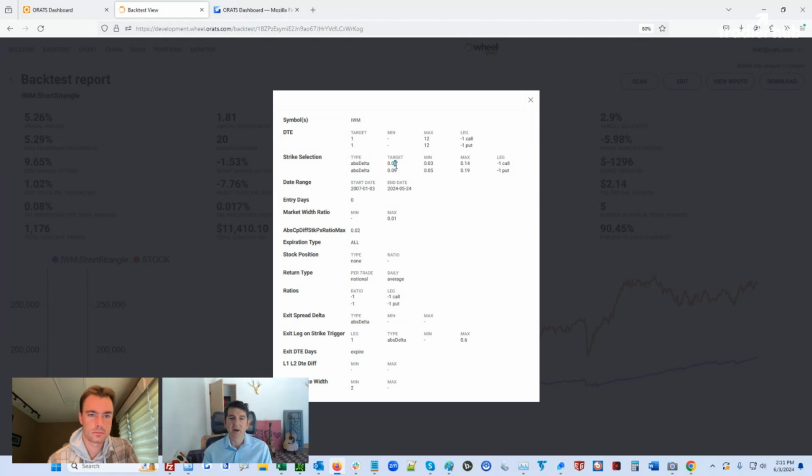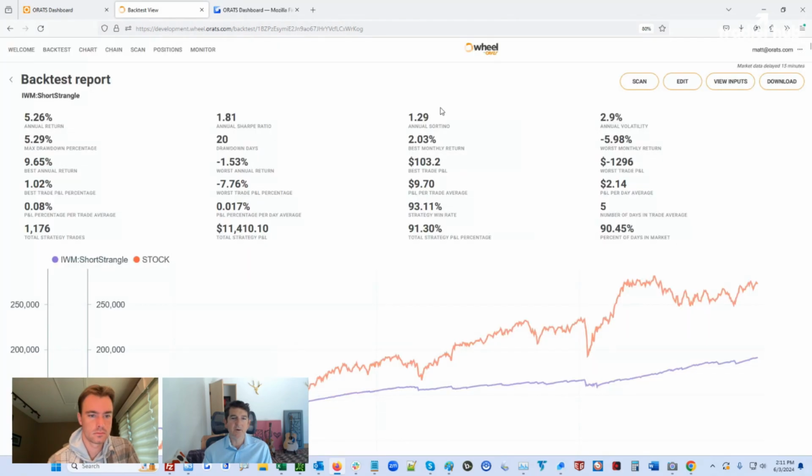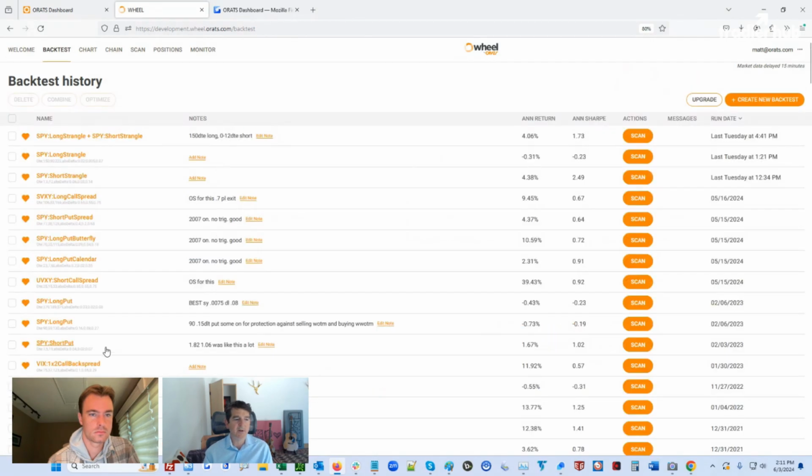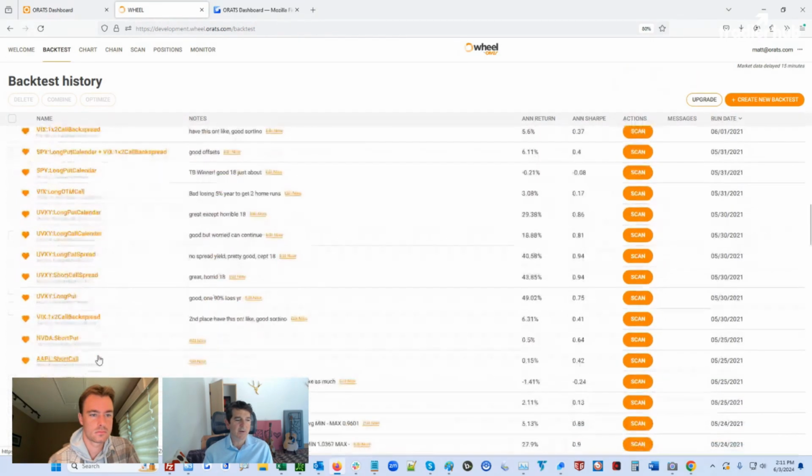This is 6 delta on the call, 9 delta on the put short, and here's that getting out at 60 delta. If that leg was breached, then we'd get out. Then you combine those, as you mentioned, in the legacy backtester.